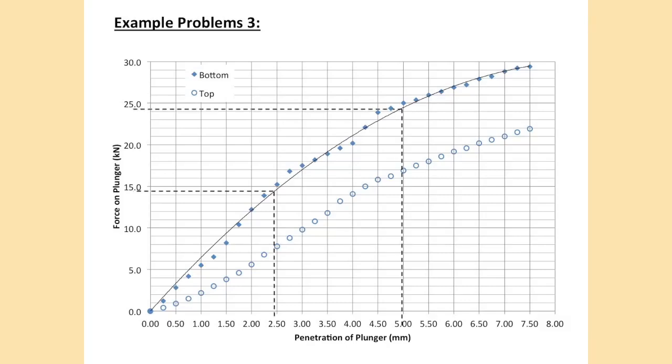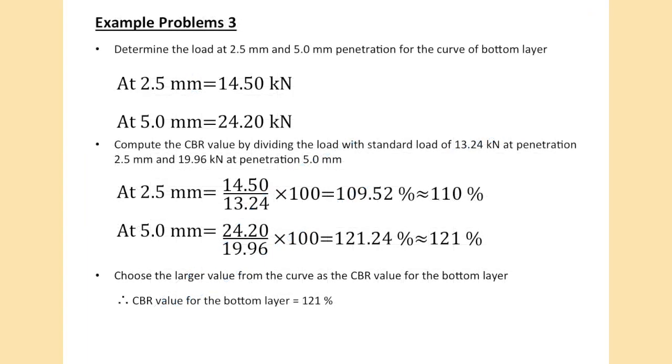Draw a vertical line from 2.5 mm and 5 mm penetration and determine the load from the curve respectively. For the bottom layer, the load at 2.5 mm and 5 mm penetration from the curve is 14.5 and 24.2 kN respectively.